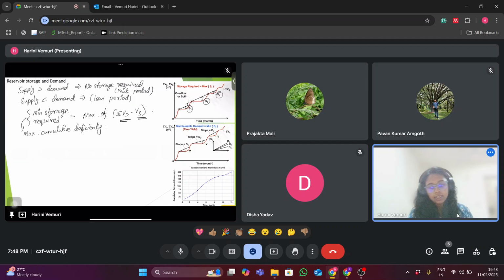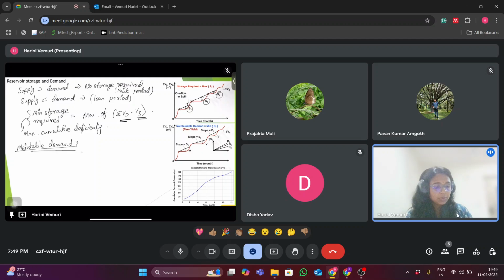Suppose one more thing: if you know how much water is stored in the reservoir and you know the demand, how much is the maintainable demand? That we need to calculate. The maximum firm demand that can be maintained by the reservoir is called the firm yield.